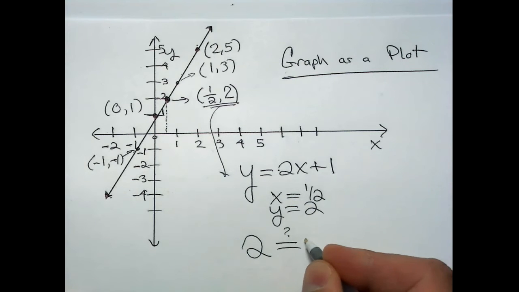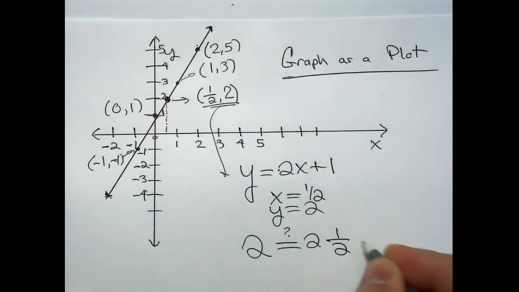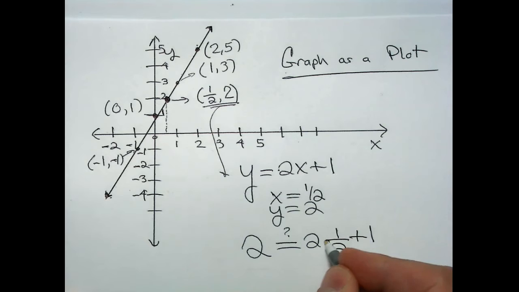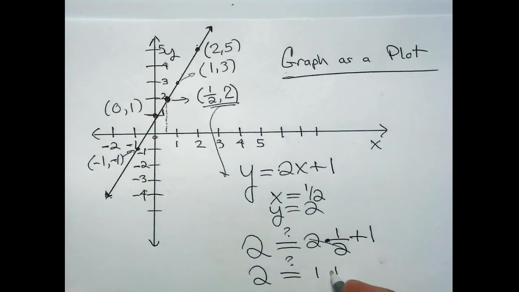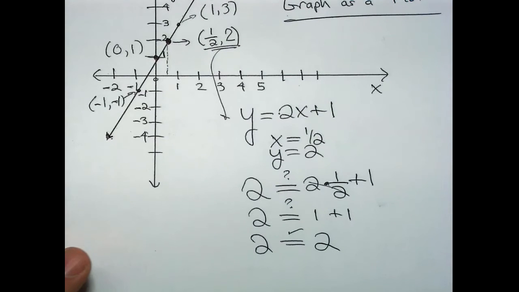Is that truly equal to 2 times 1/2 plus 1? 2, is that really equal to 1 plus 1? And it is. So because the equation is certainly true for those particular x and y values, we consider it to be on the graph. It's on the plot, on the graph. It is an ordered pair, and we found it without using any math at all, really.